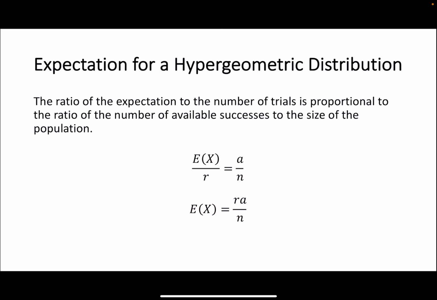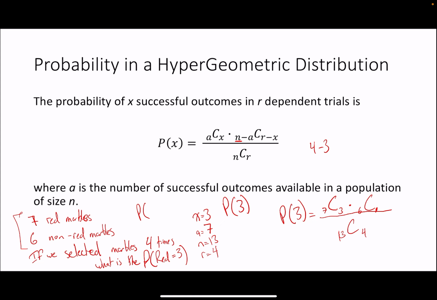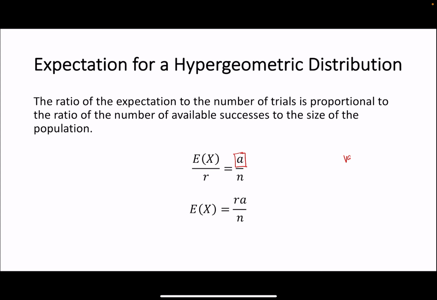Finally, we have the expectation for a hypergeometric distribution. And if you want to think about it, I like to think about it like this. We have available successes, right? In the previous example that I just did, 7 red, 6 non-red, right? How many do we expect out of 4 trials?